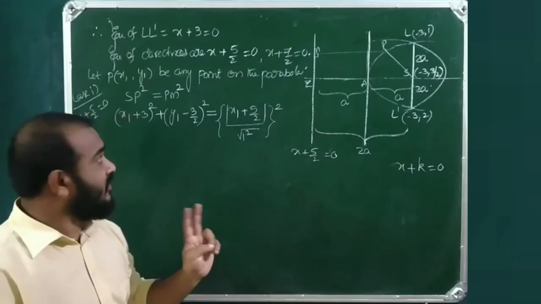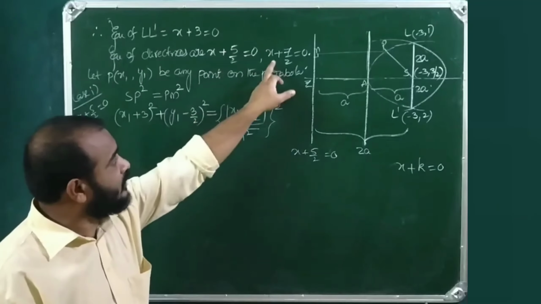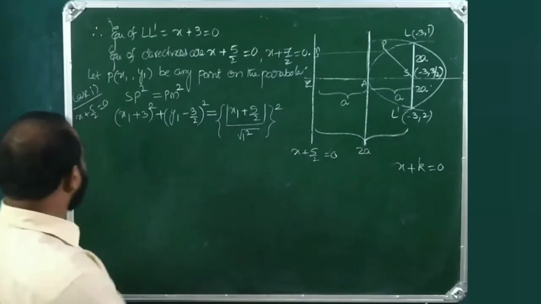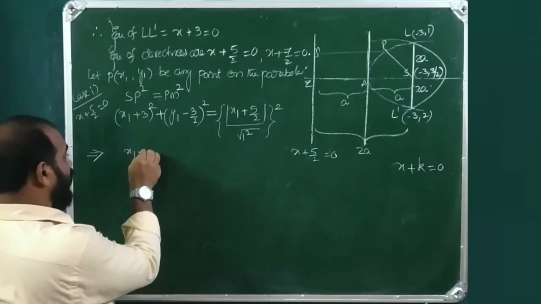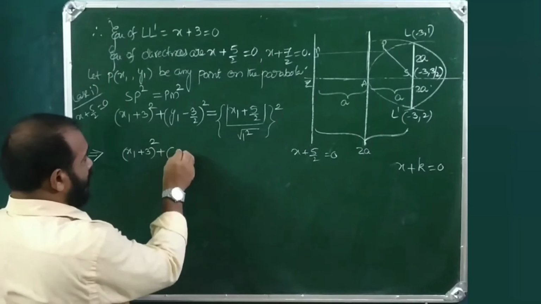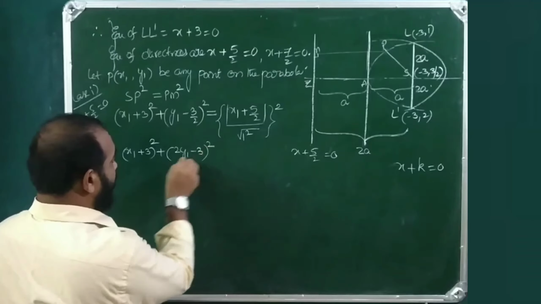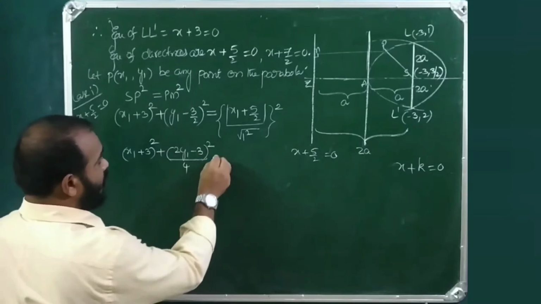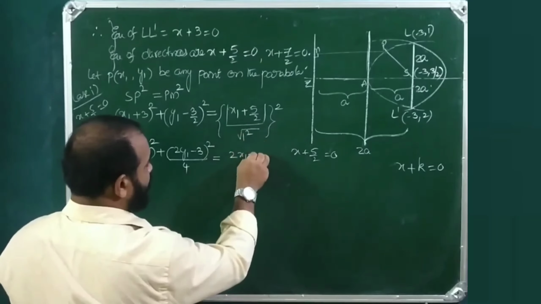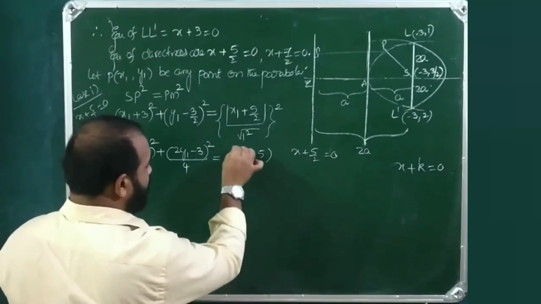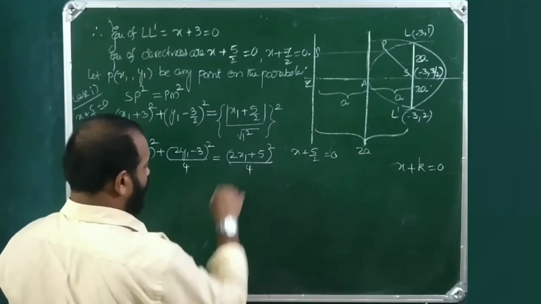So there are two cases that arise. One, the directrix x plus 5 by 2 equals 0 we will take, and the next, x plus 7 by 2 equals 0. So this is equal to (x1 plus 3) whole square plus (2y1 minus 3) whole square by 2 square, which is 4, equals (2x1 plus 5) whole square by 2 square, which is 4.